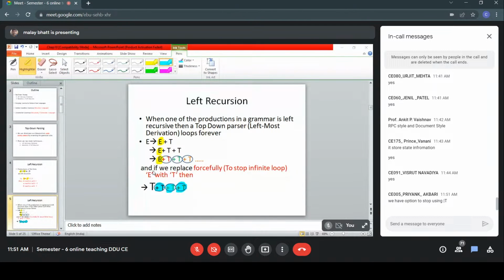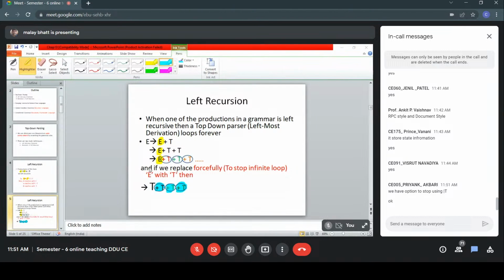As a human, you know that now I can stop and replace E with T. But when you implement it as a computer algorithm, it doesn't know what the actual statement is that you want to derive, because we are always looking at one symbol at a time. In the pushdown automata, we have seen that we are always looking at one symbol at a time from the input pattern.